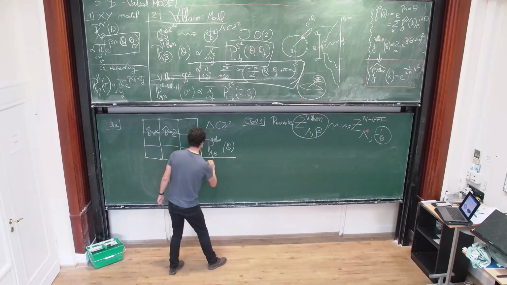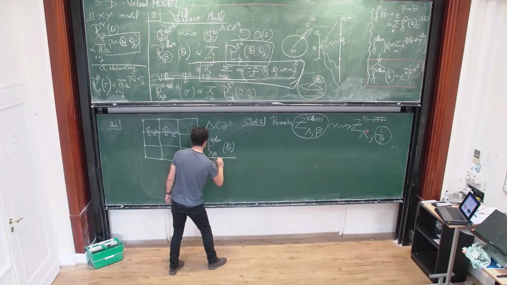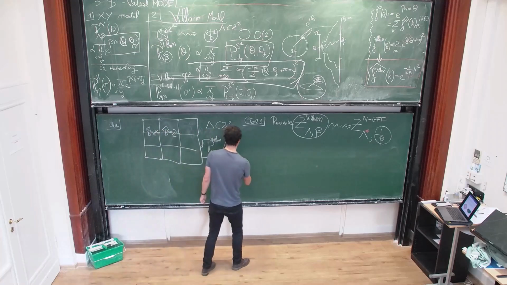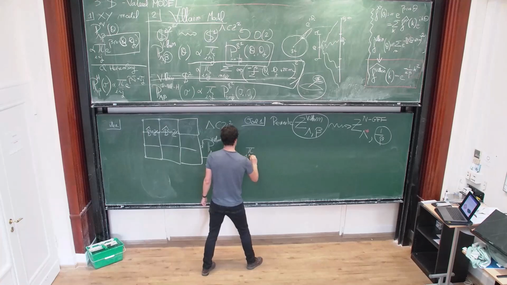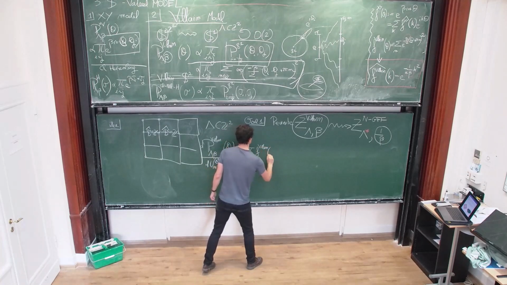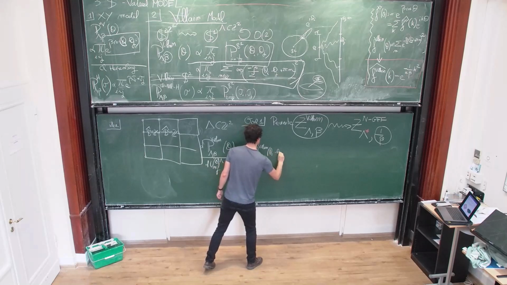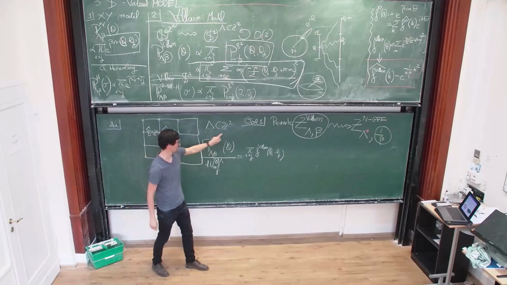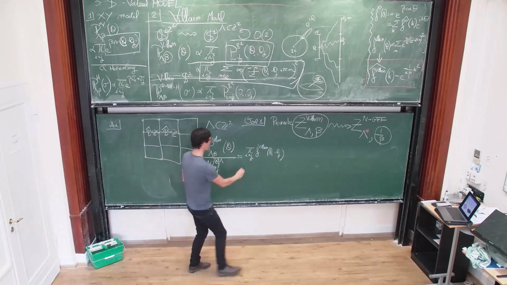But if we want to be precise, against the uniform measure on all the points of the lattice, this Radon-Nikodym derivative is given by the product over i next to j of f Villain of theta i minus theta j. And the partition function is there to make this measure a probability measure of mass 1.